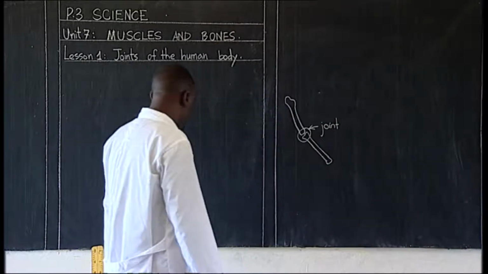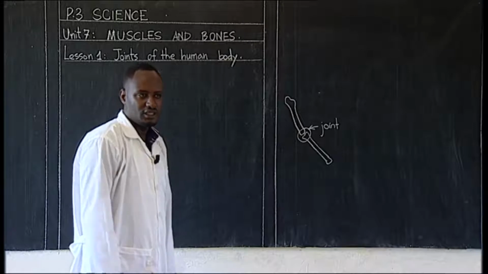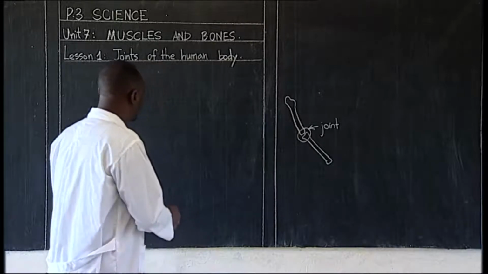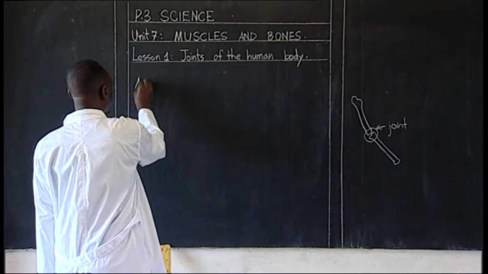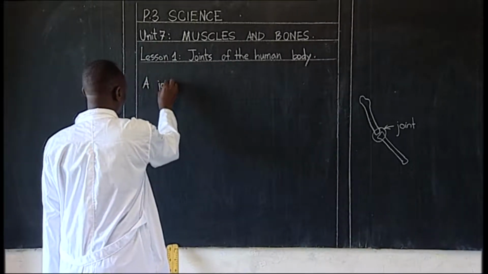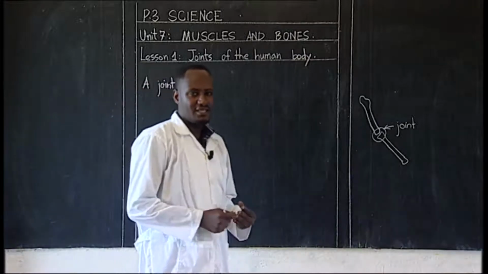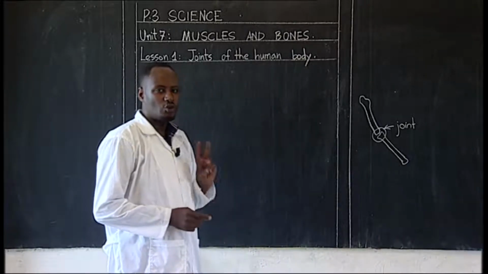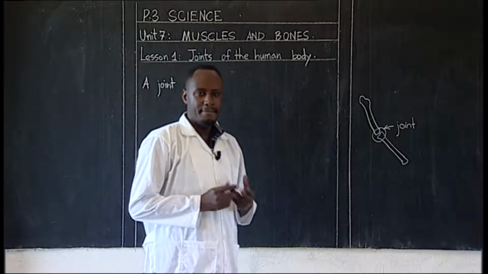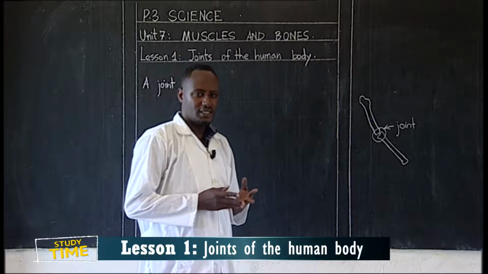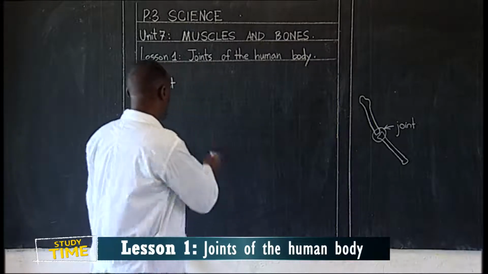So, by definition, a joint is a place in the body where two or more bones meet. Where two bones meet, that is a joint.